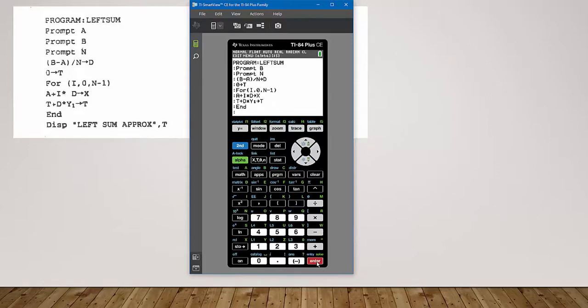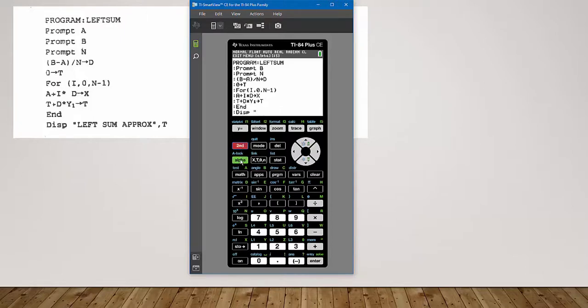And then Display. That's another programming command. I think it's in the I/O menu, yeah. Display. And those are quotes. Quotes are right here, hidden above the plus sign. So quotes, and then I have to type in left sum.